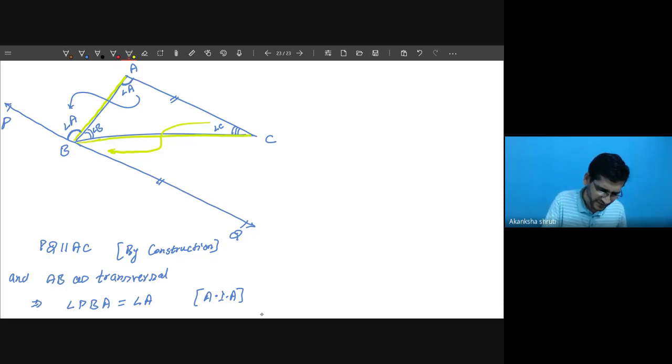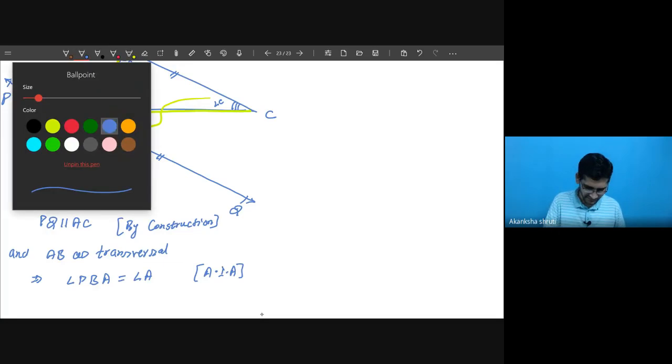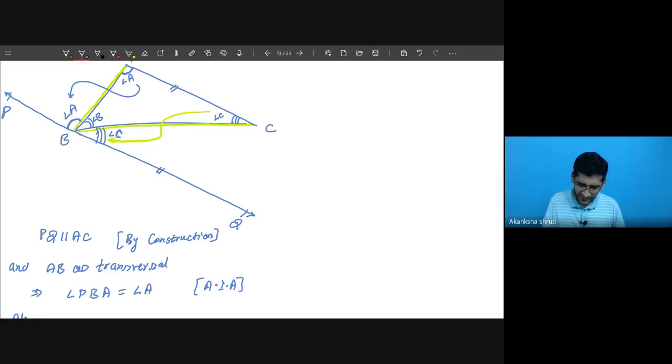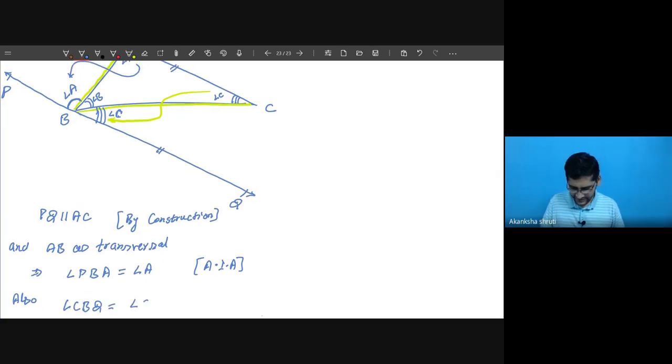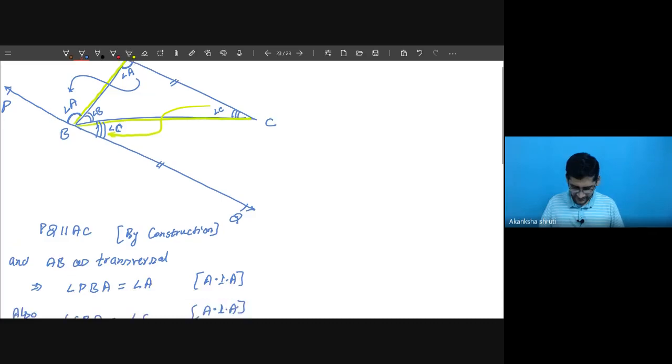So mark it as angle C. Also directly we can write angle QBC or CBQ. Angle CBQ is equal to angle C. Why? Same cause, alternate interior angle when PQ is parallel to AC.